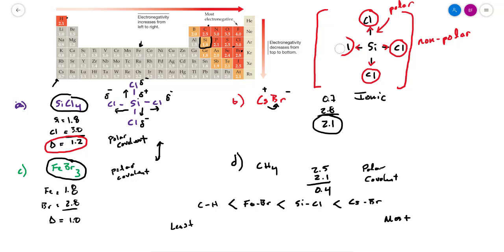If we were to, say, replace this with maybe hydrogen, and so now we've disrupted the symmetry of this molecule, we would say, well, the difference in each of these silicon chloride bonds is still 1.2, pulling towards the chlorine.